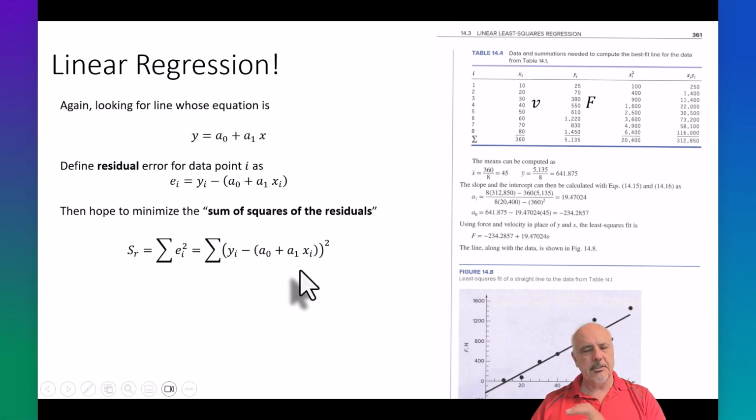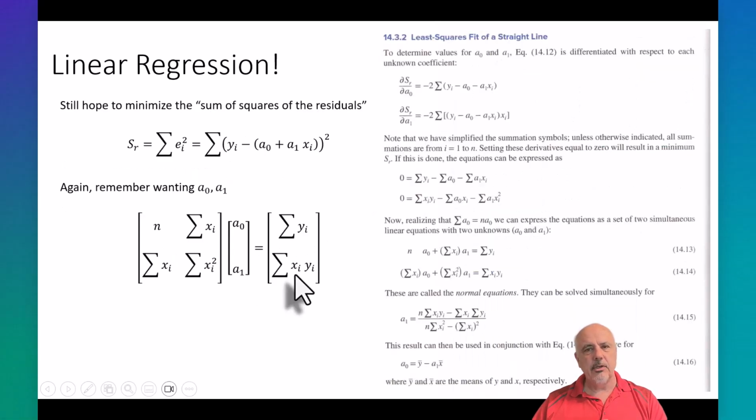So obviously this is going to be a real value that no matter how our line looks, it's going to be a real value since we're summing some residuals and we're going to square them. Okay, so let's see, if we have this function right here, how would we minimize that? We have a function and we want to minimize it. And we want to minimize it based on changes in a naught and a1.